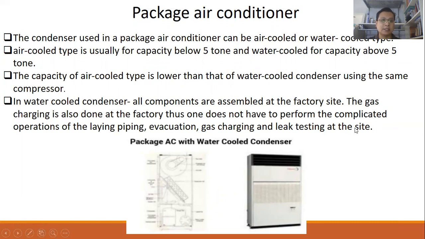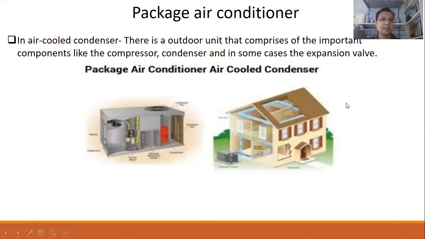This one is a type of water cooled condenser. And this one is the air cooled condenser. For the air cooled condenser, there is an outdoor unit. They comprise important components like the condenser and, in some cases, the expansion valve.